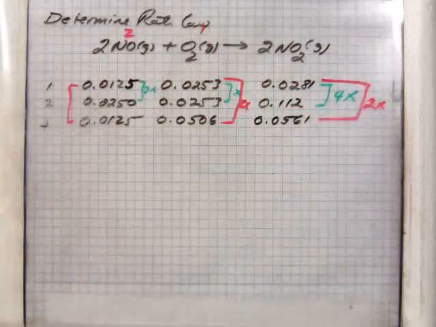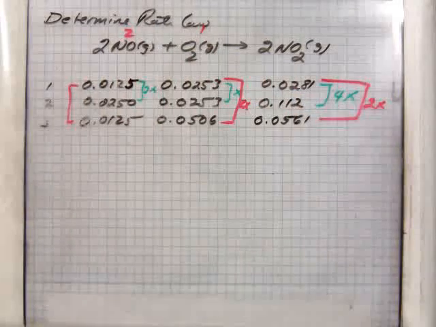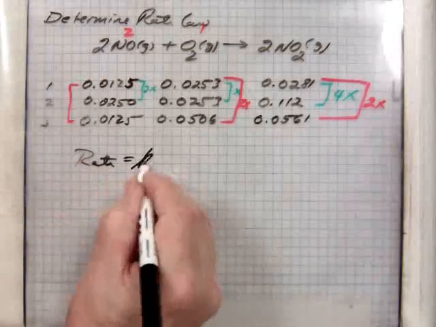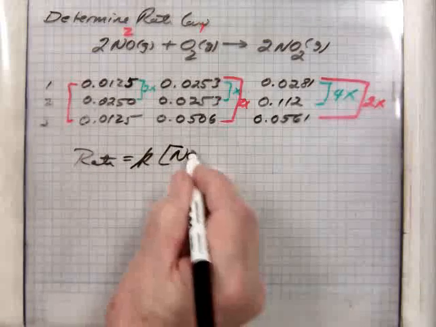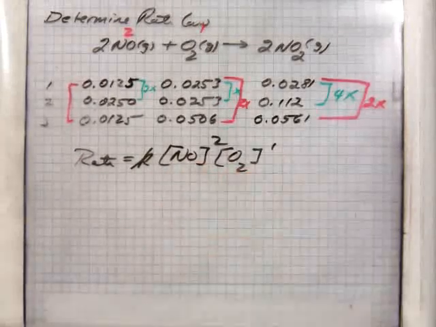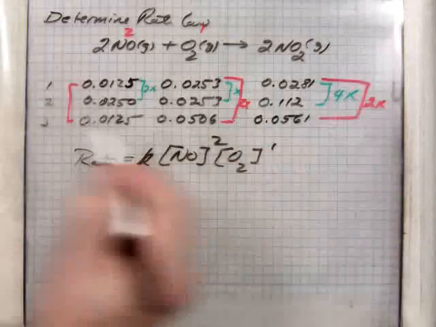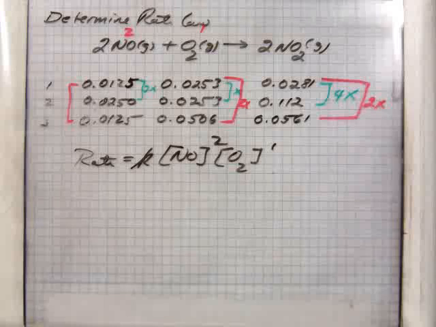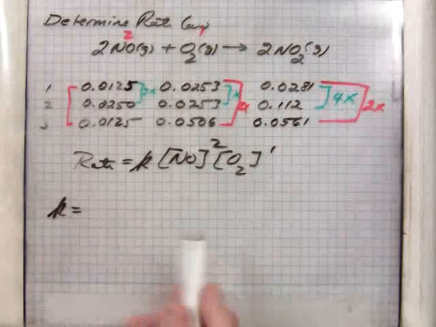And so now you can write at least part of the empirical numerical equation. So rate now is equal to K times NO to the second power, O2 to the first power. And so just by observing the trends, you come up with the exponents that you'll need to look at. And then calculate the K value.